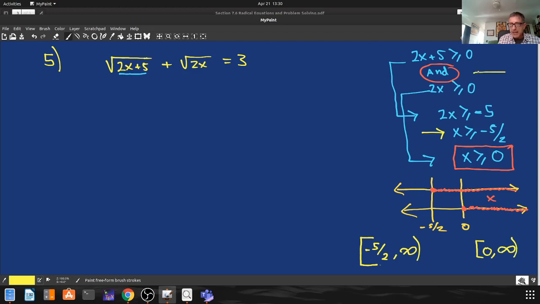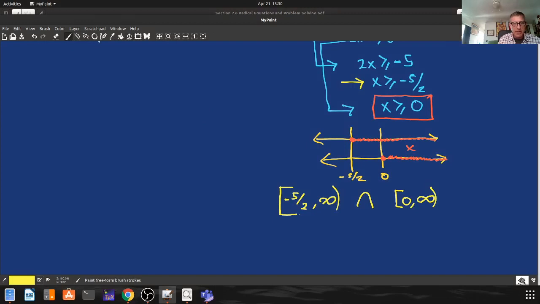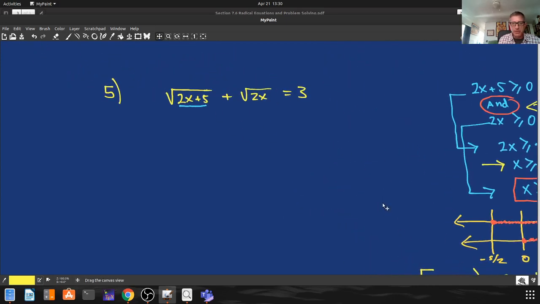And the and tells me that you're taking the intersection. The intersection of those two sets, we just figured out graphically, is equal to the set 0 to infinity. So just a little reminder. So if x is not greater than or equal to 0 when we're finished with this, we can be done.